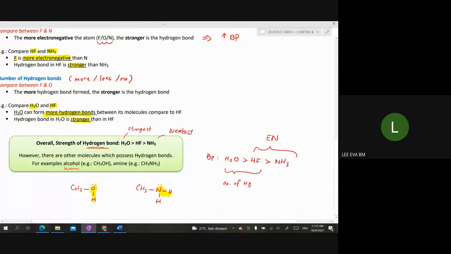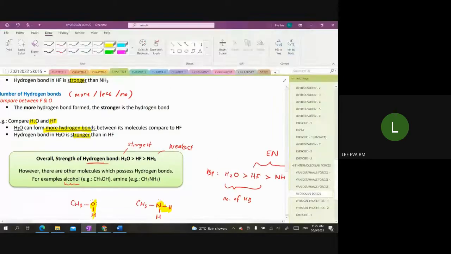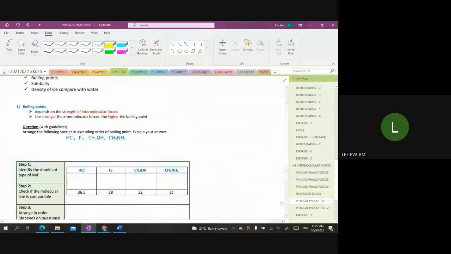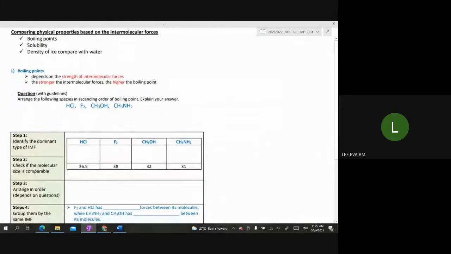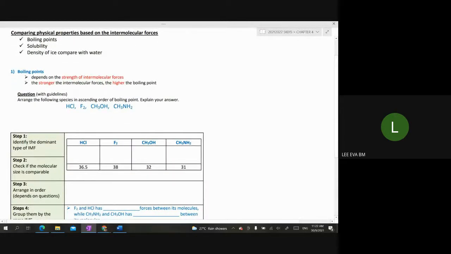Okay, so let's try a little bit of exercises and we will see how we are going to link this to explanation. So why do you want to know about intermolecular forces? Because we want to compare their physical properties. Remember, a physical property is something that you can measure, something that you can see.